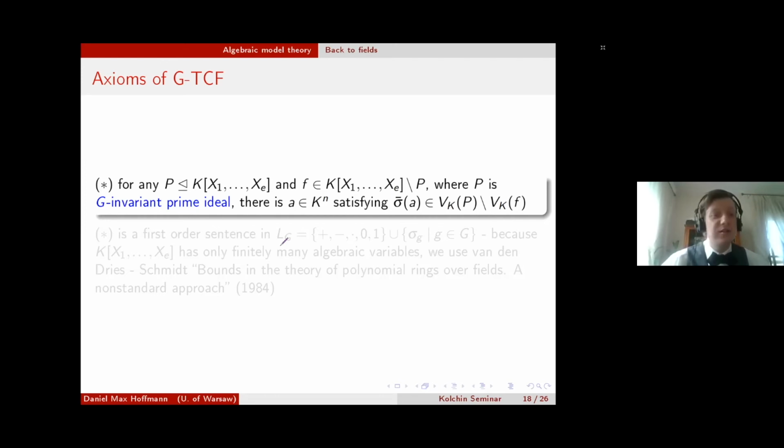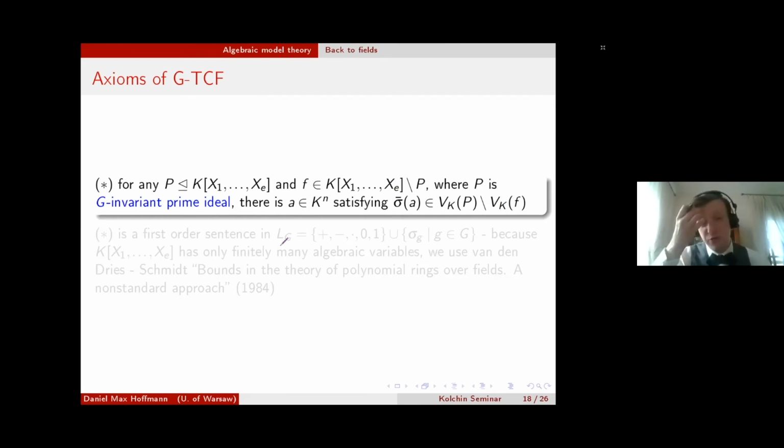So actually this statement star is about some particular configuration of coefficients of generators of my ideal P, and also about coefficients of F. And how can I write in one sentence that the coefficients of the generators of P and the coefficients of F are exactly as in this statement star, so that the polynomials which come from my coefficients give me a G-invariant prime ideal?